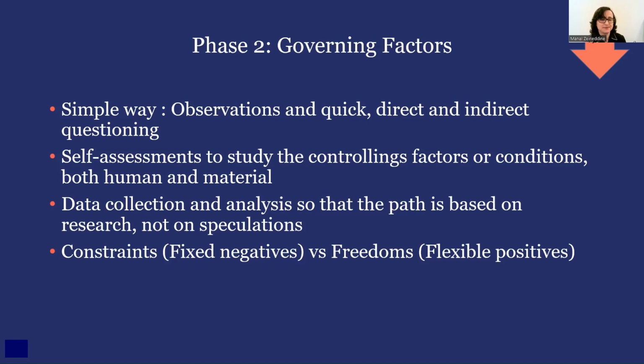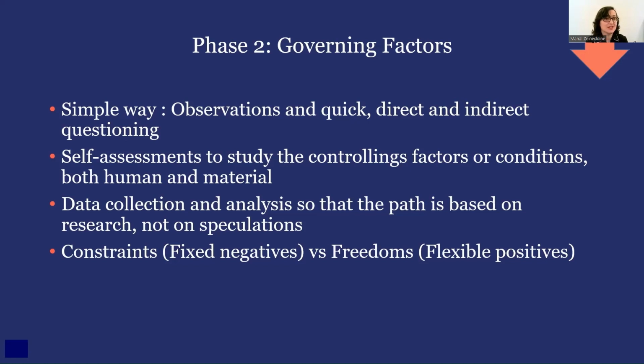And the third way to better understand governing factors is the data collection and analysis, because here we have to progress or work based on research, not just speculations. We need some data on our desktops, within our hands, on those round tables, so we can study them together and come out with better conclusions.